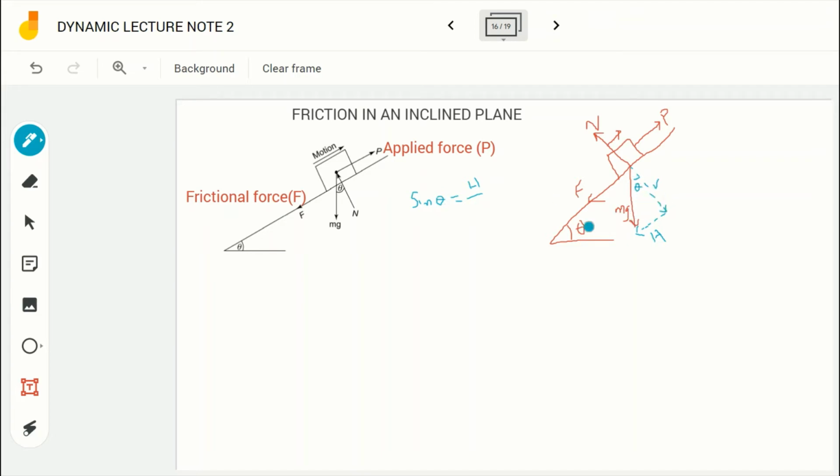So I can make H the subject. We now have H equal to mg sine theta. Therefore, my value for my component at this point is mg sine theta.